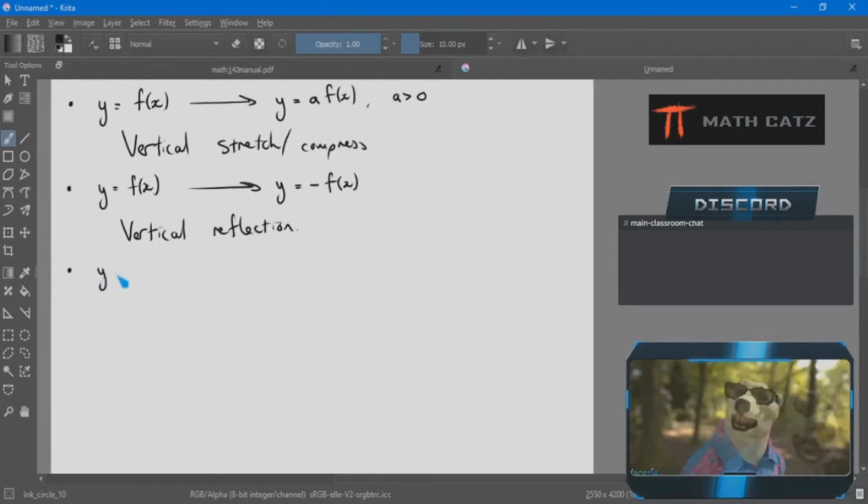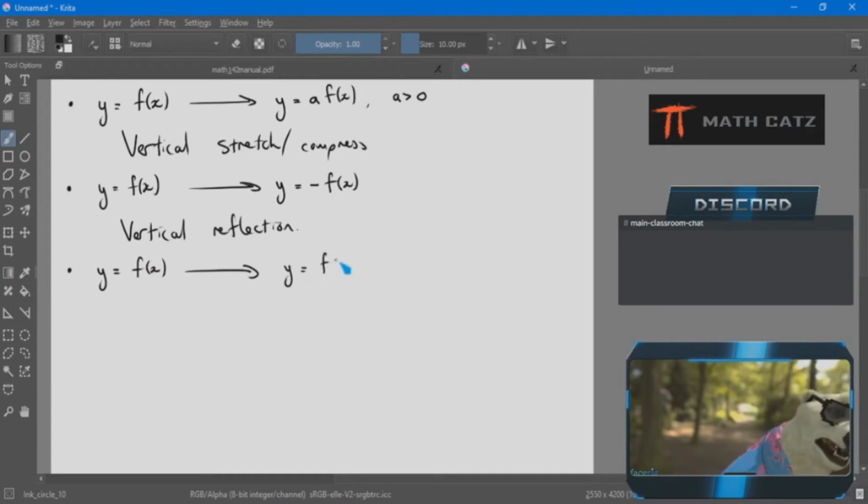Then we can also do a very different transformation by replacing x wherever I see it with an x, let's call it x minus p. Could be a number, x plus or minus, depending on what p is. That is a replacement.